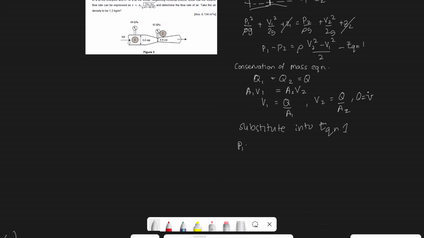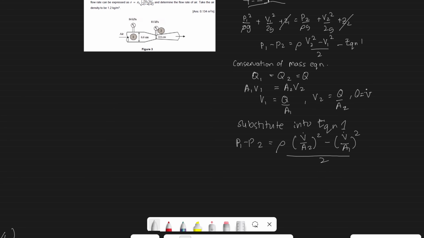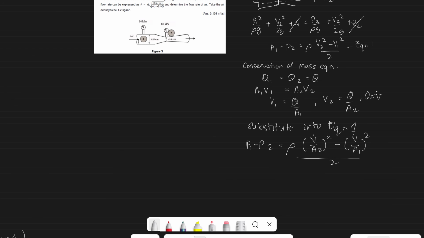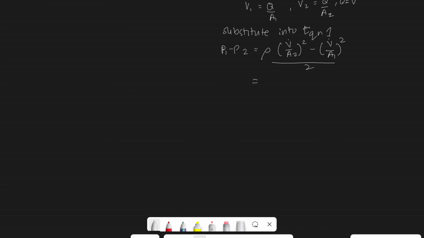We get P1 minus P2 is equal to rho times (V dot over A2) square, so this is V2 square, minus (V dot over A1) square, divided by 2. And when you simplify, you will get this is equal to rho V dot square, this is the flow rate, over 2 A2 square times (1 minus A2 square over A1 square).